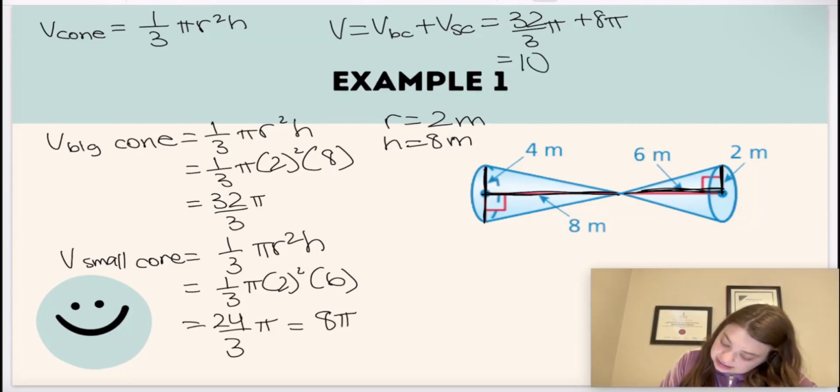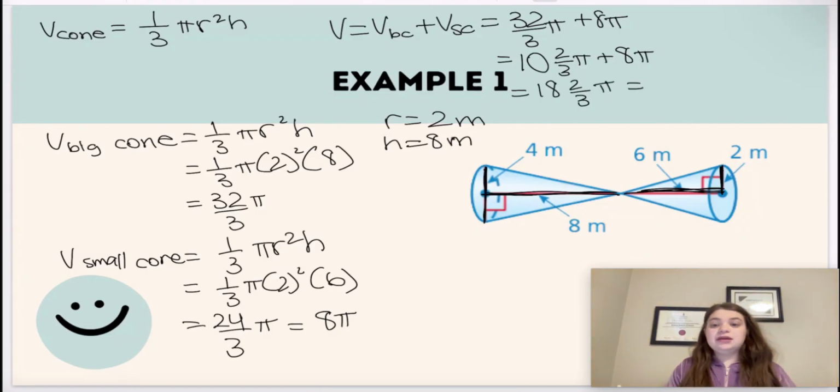So this is the same as 10 and 2/3 pi plus 8 pi. That's the same as 18 and 2/3 pi. And that would be our exact answer. So if they want the exact answer, it is 18 and 2/3 pi, and that's in cubic meters because this is the volume here.